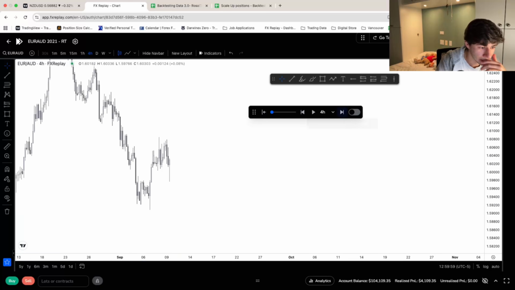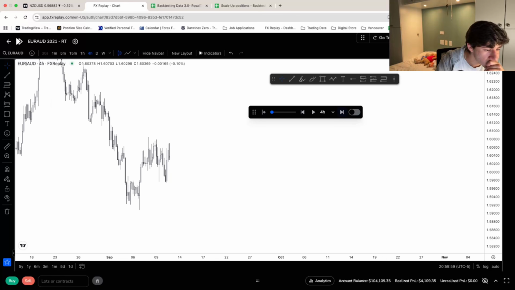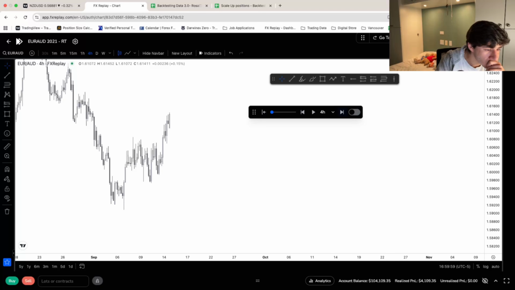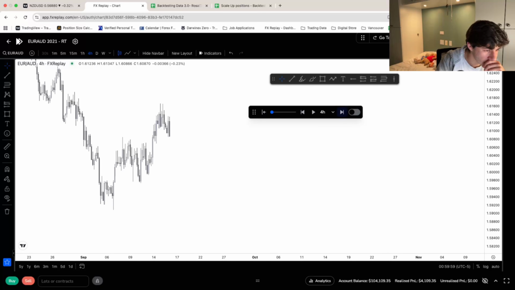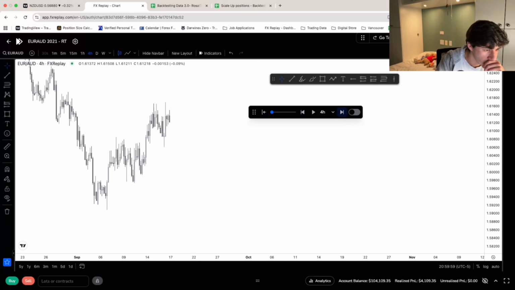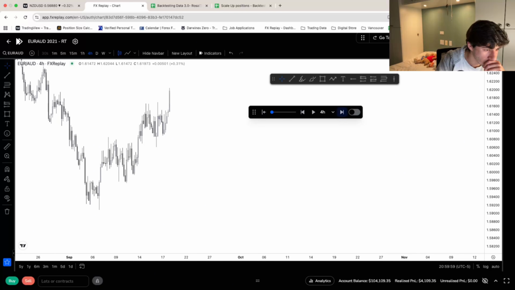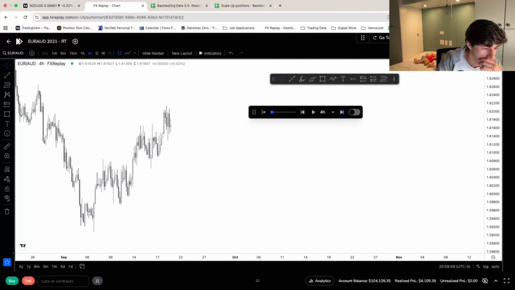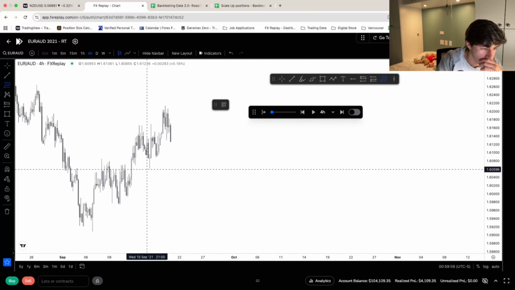No. That's about that long. Let price retrace. This is also about that long. Okay, so here.